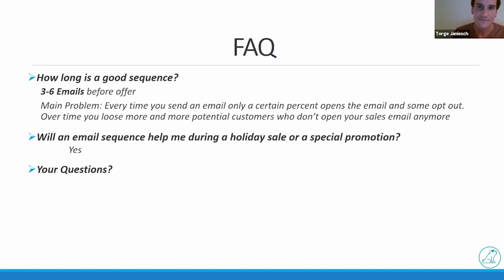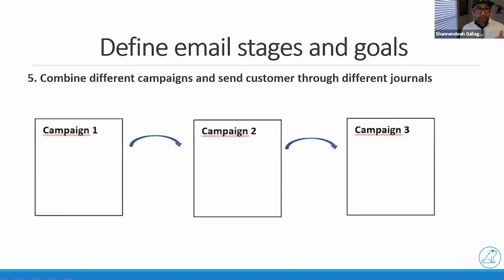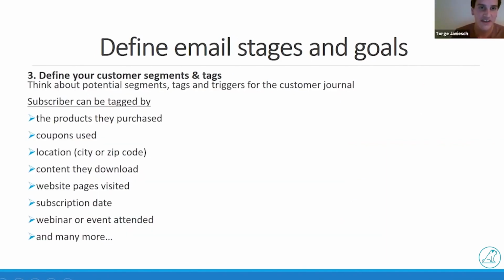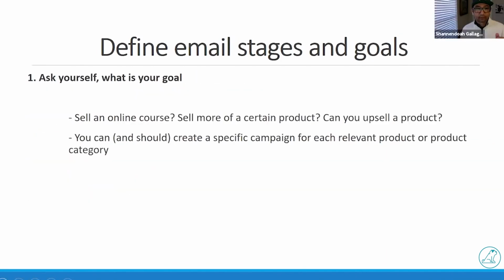Sure. Just one question. Let's go back to the sequence stage. Which stage? Right here. Okay. So goals. You mentioned that you can upsell products, you can sell more of a certain product.